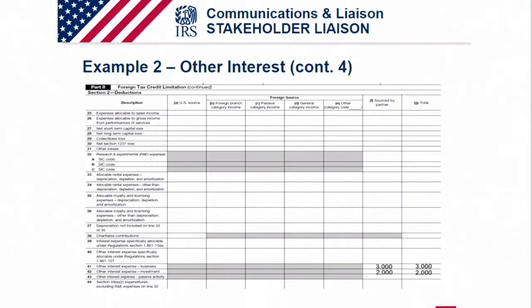When the partner receives a Schedule K-3, the partner will look to Part 2, Section 2, lines 41 and 42, and will see on line 41 that other interest expense, that's business expense, is 3,000, reported in column F and column G. Then the portion of the interest expense that's investment interest expense of 2,000 is here on line 42.